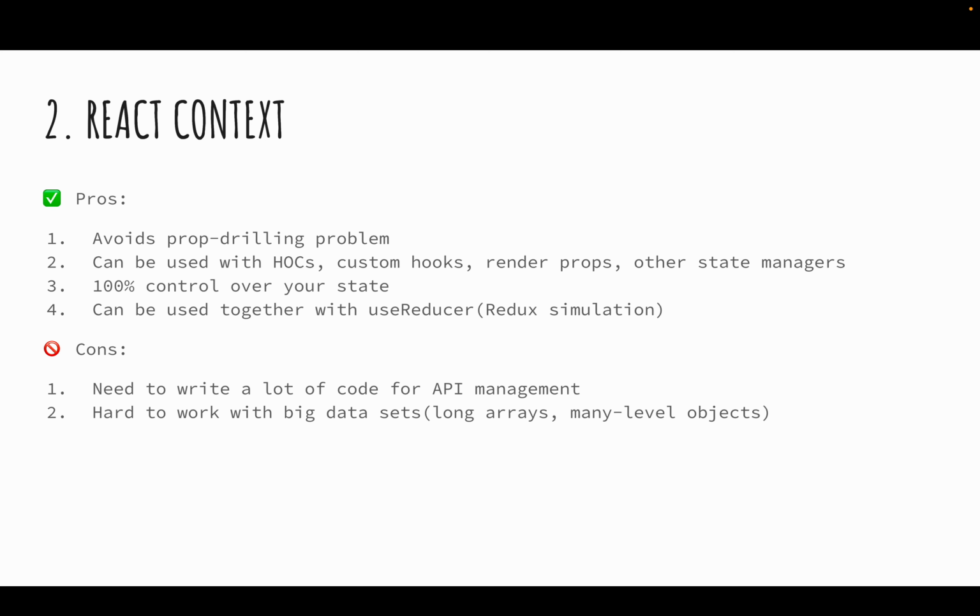So you can work with your React state from an immutable perspective with small reducers, and it can be predictable. But the minus for this, again, is that you're writing a lot of code for API management, and it's hard to work again with long arrays and multi-level objects.